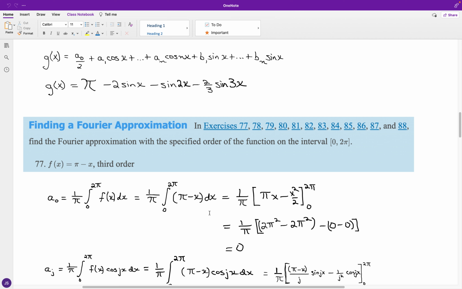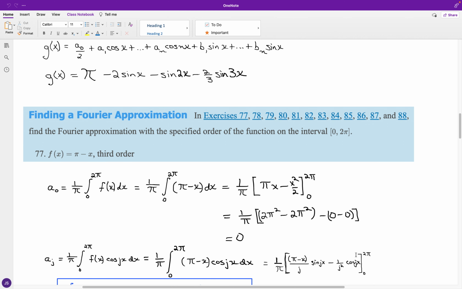Applying the integral formula with the lower limit at 0 and the upper at 2 pi, a naught ultimately comes out to 0, because at x equal to 2 pi the expressions become 2 pi squared and negative 2 pi squared. So those cancel out, and at the lower limit 0 the terms are also negligible. So a naught is equal to 0.